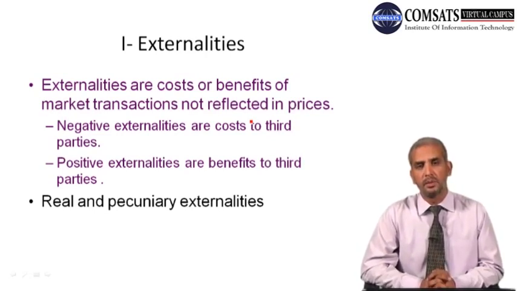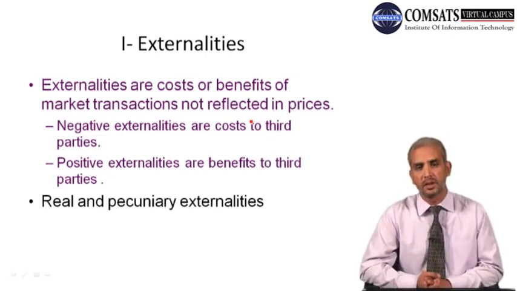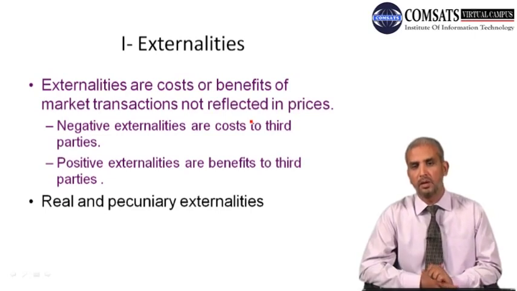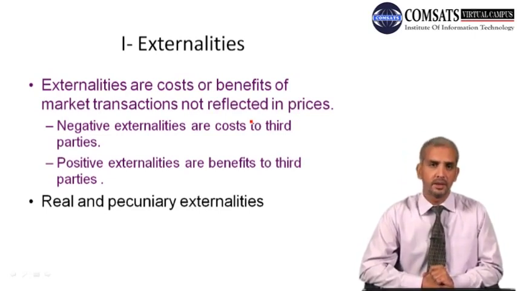An ideal example would be pollution, for example air pollution. Some people do not opt to purchase a car, or do not opt to buy some good from the industry, but still that industry is producing pollution, and that car is emitting carbon, specifically carbon monoxide.